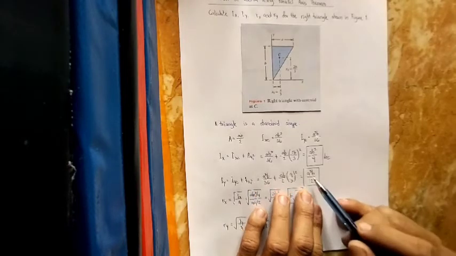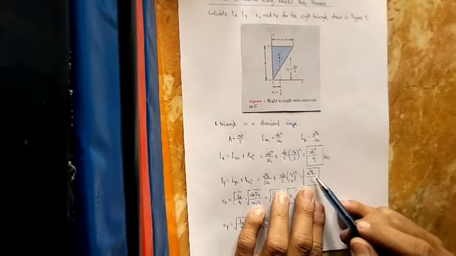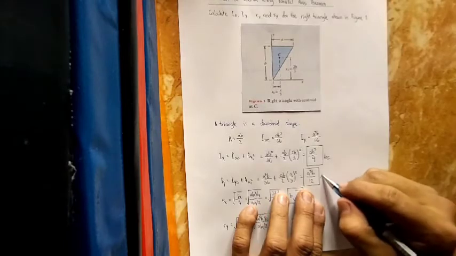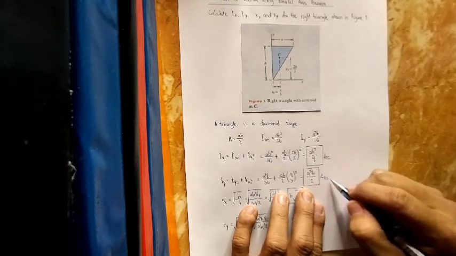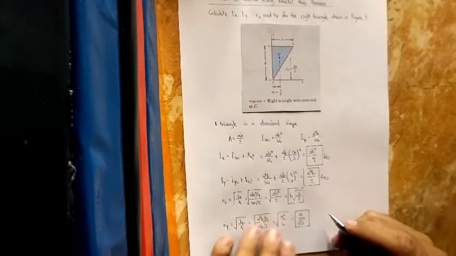It equals to A raised to 3 times B over 12. This is our moment of inertia about the y-axis.